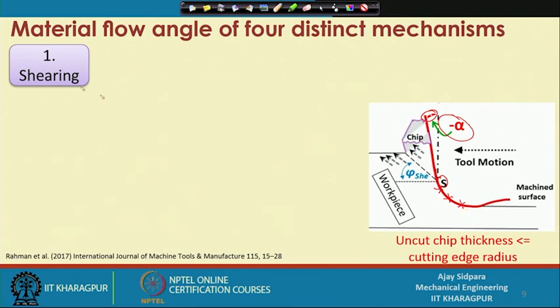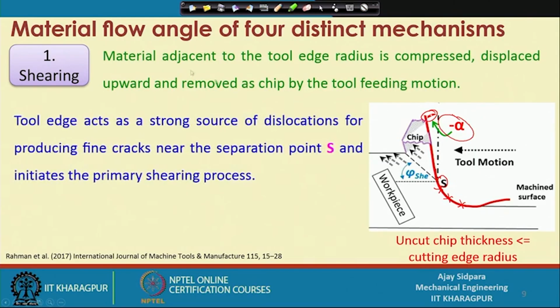So, the first phenomenon we have encountered is shearing. Shearing is important and is required to remove material in the form of chip. Here we have seen the material is removed as chip, but some of the material also moves along the direction of the chip and tool motion, and that will again be squeezed, and then it will become a part of the chip, and that happens in subsequent processing steps.